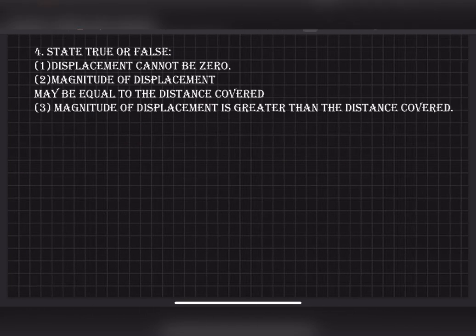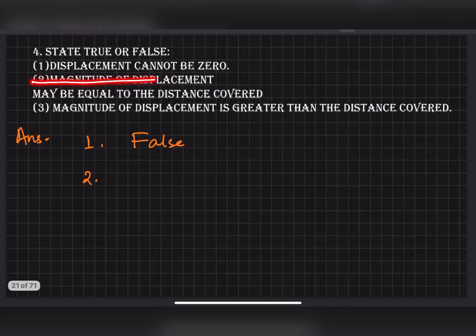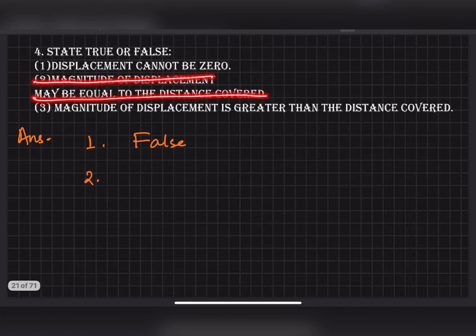Let's go. Question number 4 is true or false. Displacement cannot be zero. False. Just now I've shown you that displacement can be zero. So the answer is false. 2. Magnitude of displacement may be equal to distance covered.